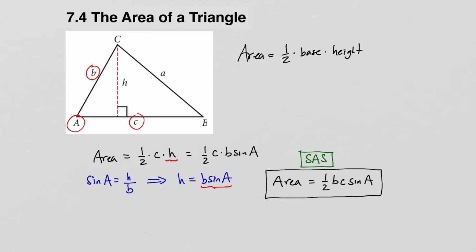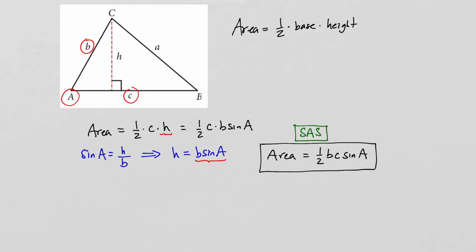Now, another thing to note here is that we could have drawn the triangle differently, and we could have found two other formulas for finding the area of a triangle. And those formulas would be the same as this formula, but with the sides in different locations.